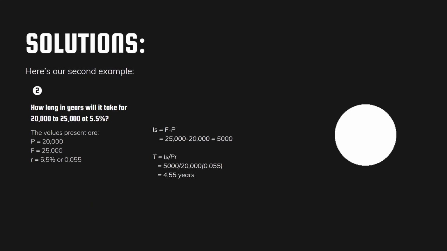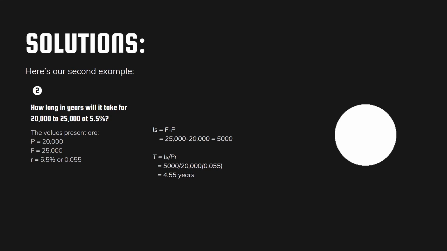How long in years will it take for 20,000 to become 25,000 at 5.5%? The values present are P equals 20,000, F equals 25,000, R equals 5.5% or 0.055. It is obvious from the beginning that time is being looked for, but our values are incomplete because the formula for time, IS over PR, needs simple interest.